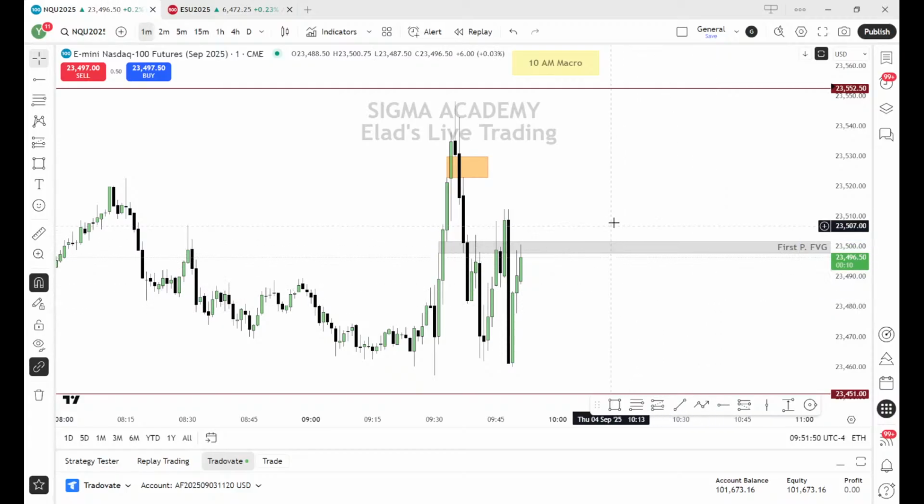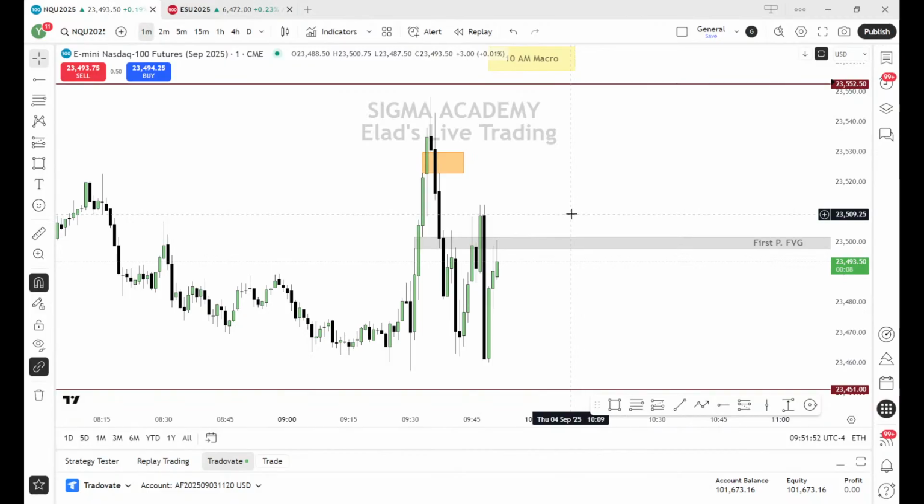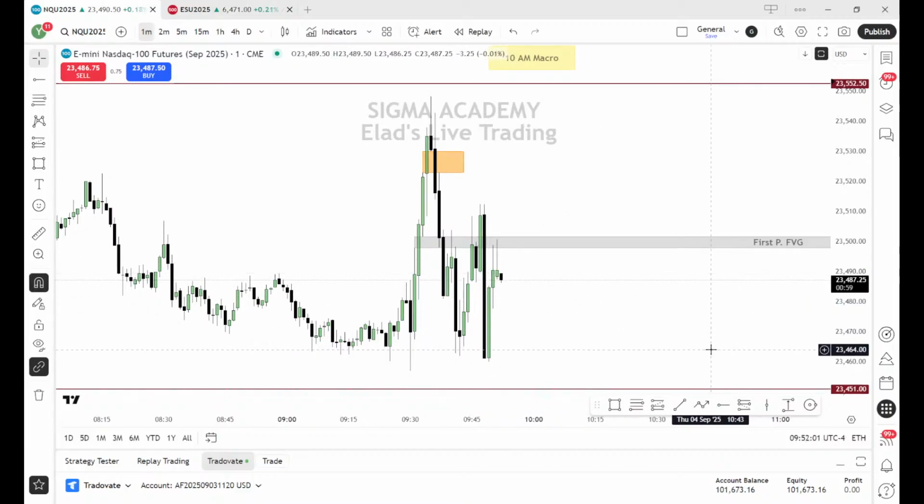Looks like we are waiting. We have this fair value gap also. On the other side, this fair value gap. It may go higher and may go lower.